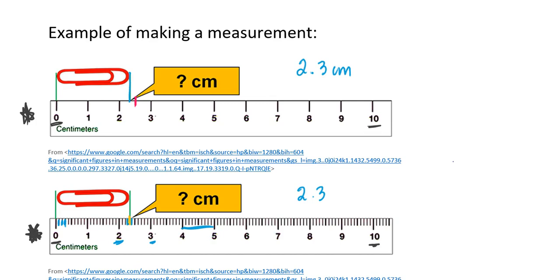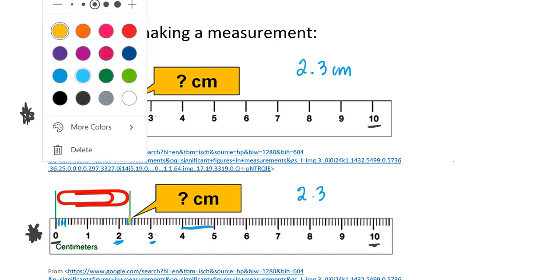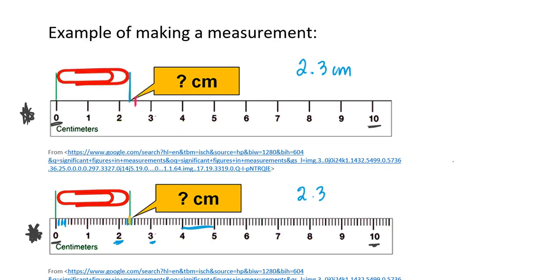Let's say that it's 2.32 centimeters. Okay, notice that because that additional feature to the scale is there, those subdivisions are there, then I'm able to actually create a more detailed measurement. Now, instead of just being able to measure the paper clip to the 10th place, now I can measure it to the 100th place because of the presence of those subdivisions.